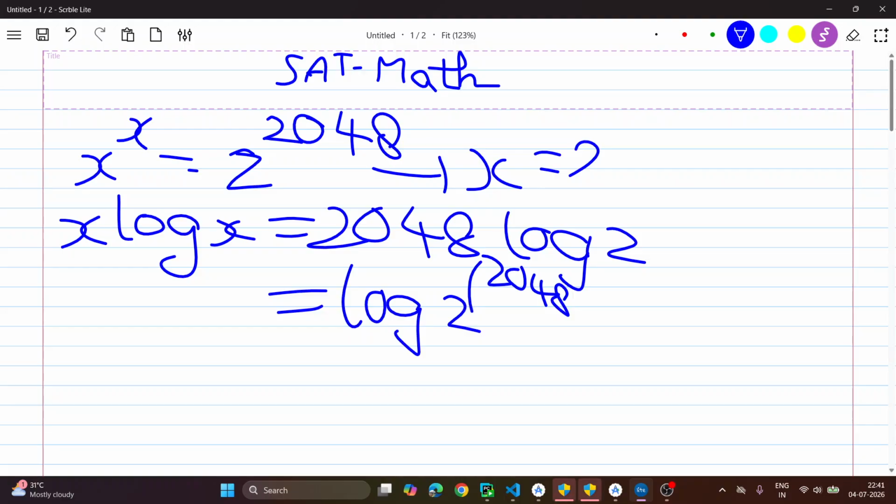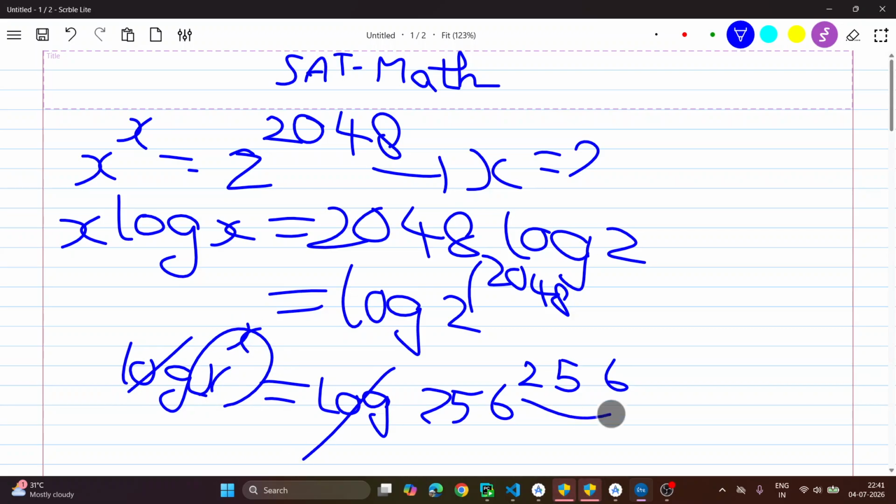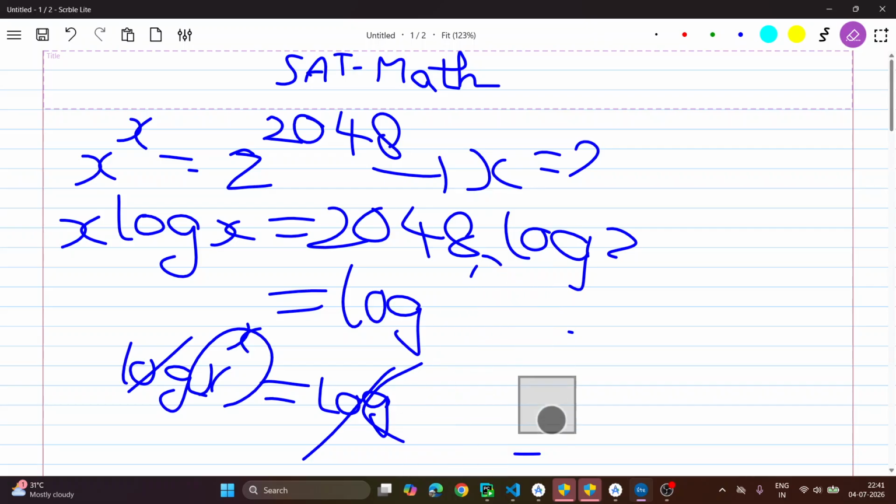Now this combines, so this is log 256 power 256. So in the left hand side, it's log x power x. So you got it, right? You just apply anti-log on both sides, so log cancels. So you get this finally, but I don't recommend anyone doing this because it's way too complex to do.